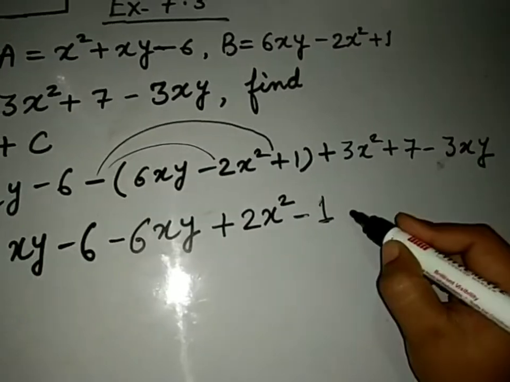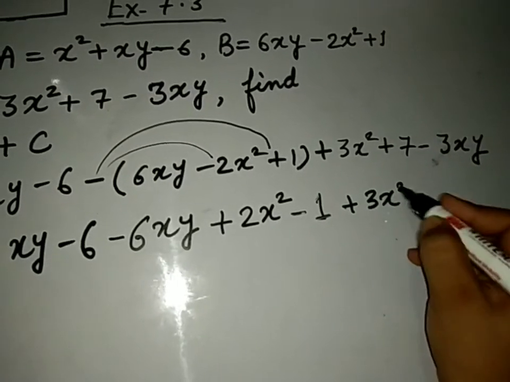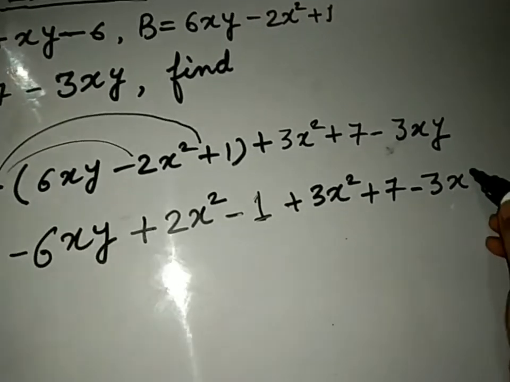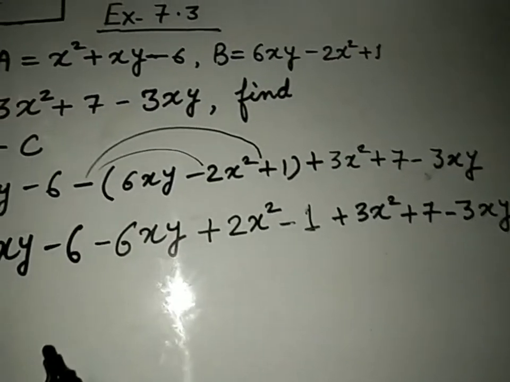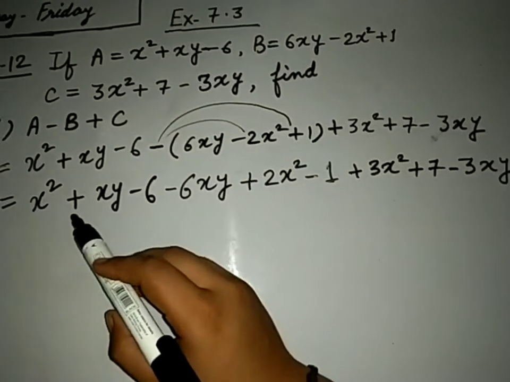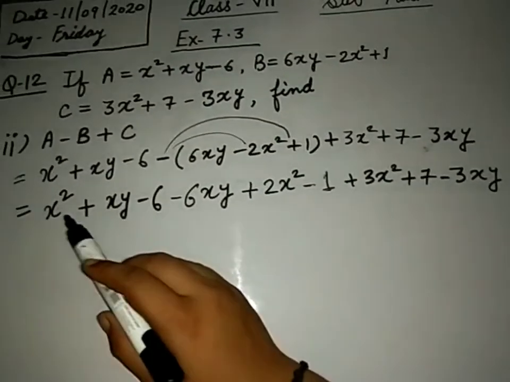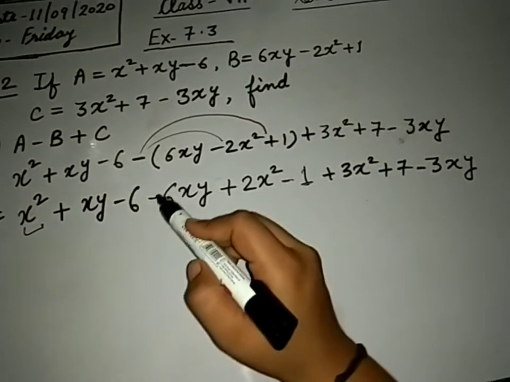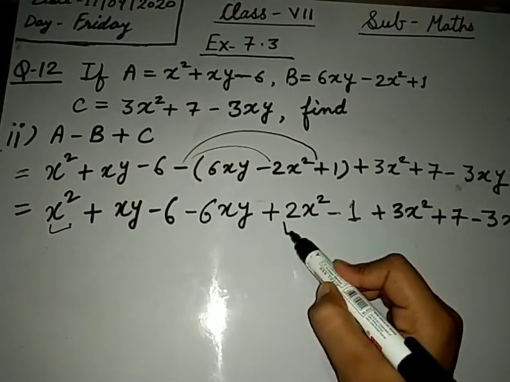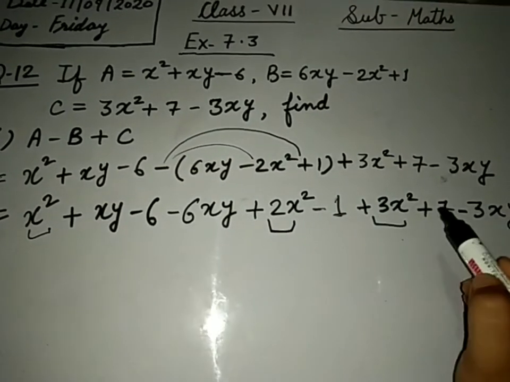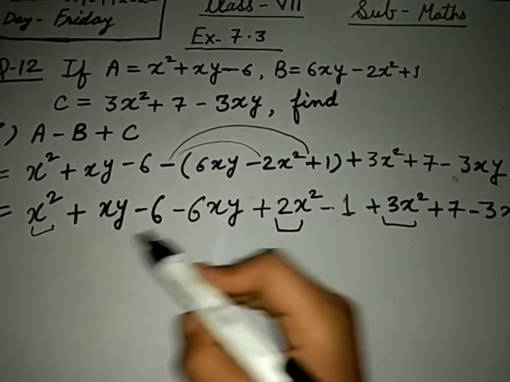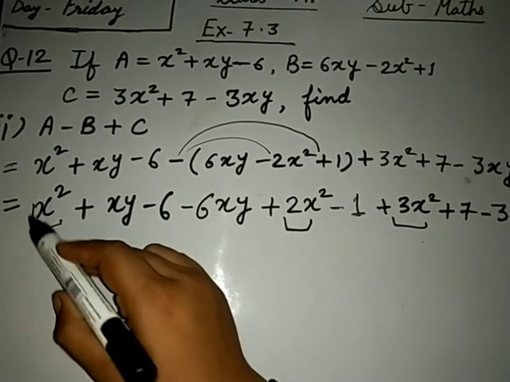Okay, then plus 3x square plus 7 minus 3xy as it is. Okay, now students, you have to choose the like terms for solving this expression. There is x square, and where is the next x square? Actually 2x square and 3x square. So all the terms have the x square variable, so these are like terms. So plus x square means there is 1x square.